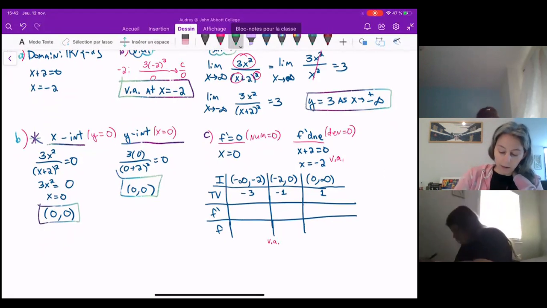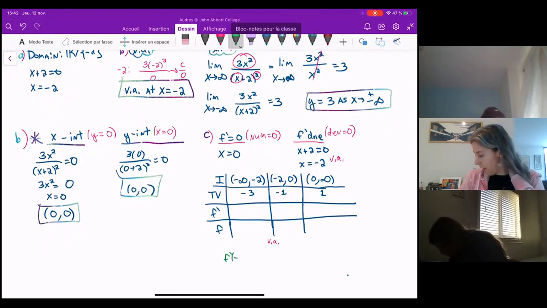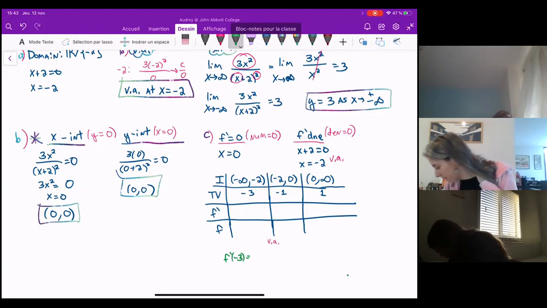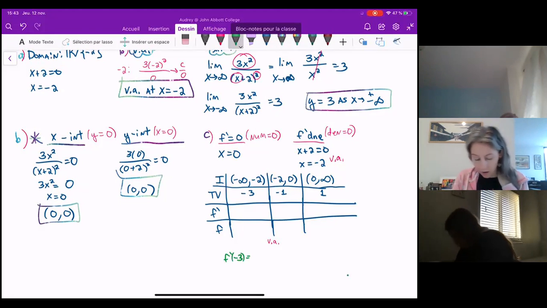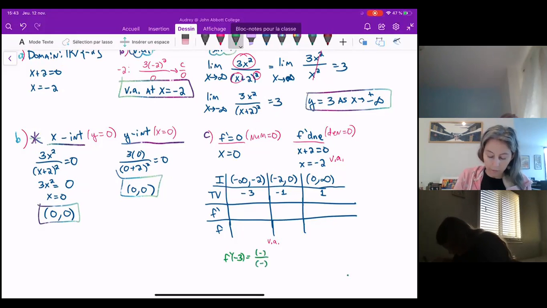Okay, so now I am doing f prime of negative 3. And here I get a negative over a negative, which gives me a positive. And then I'm doing f prime of negative 1, which gives me a negative over a positive, which is negative.